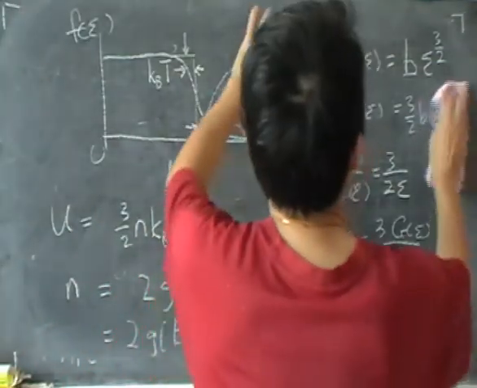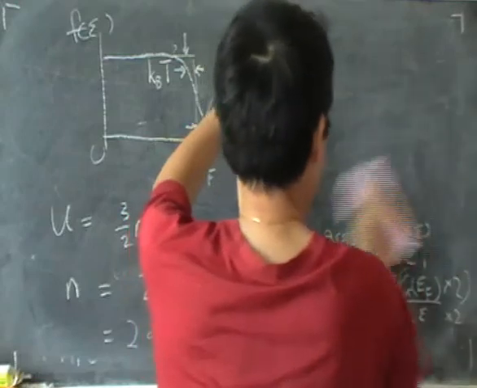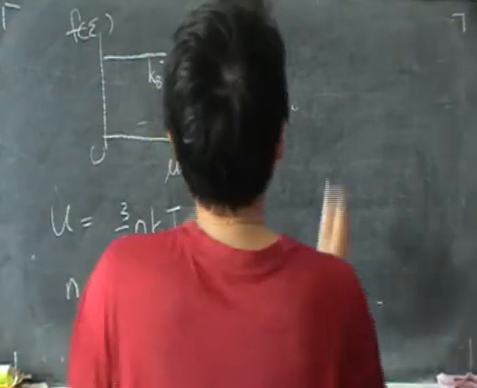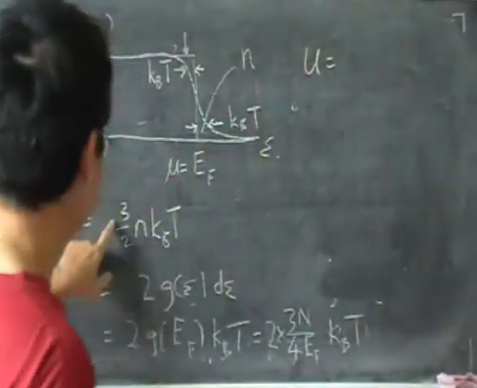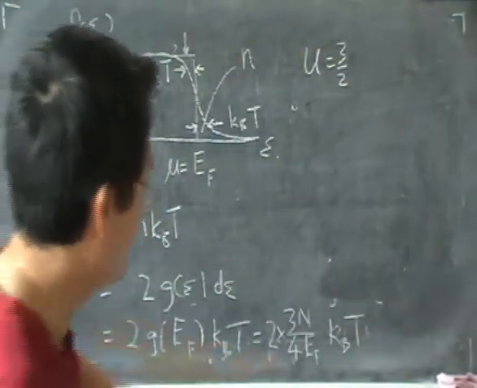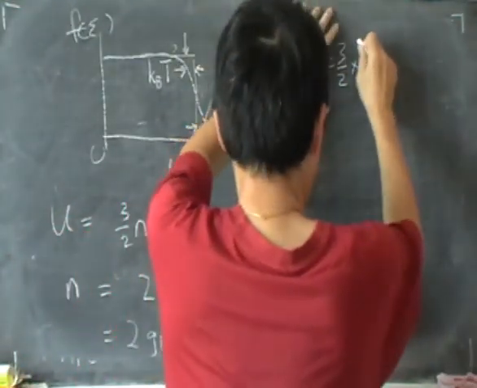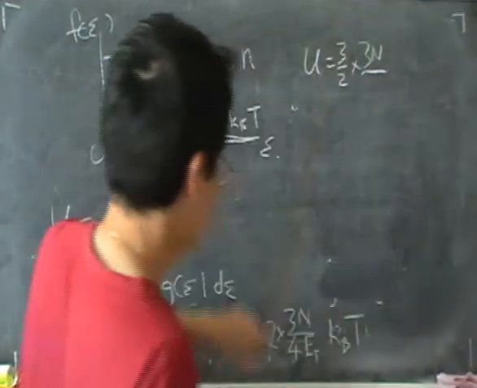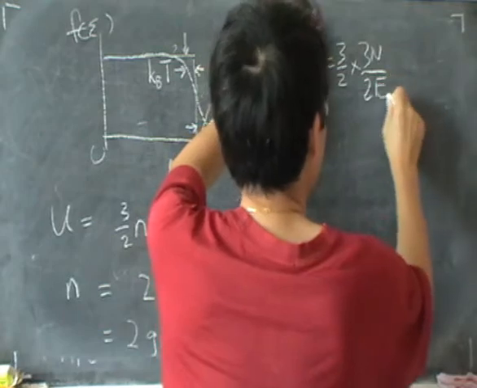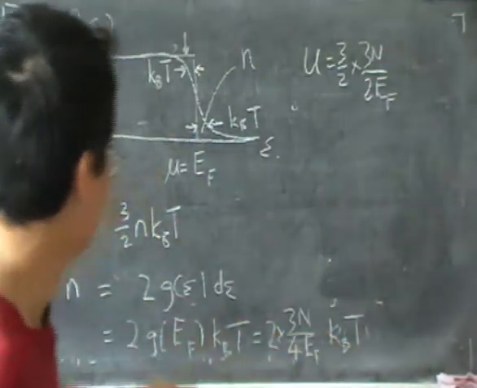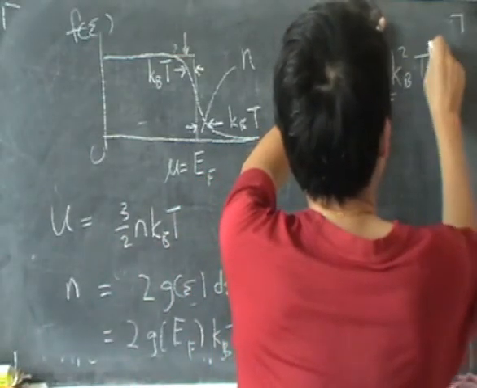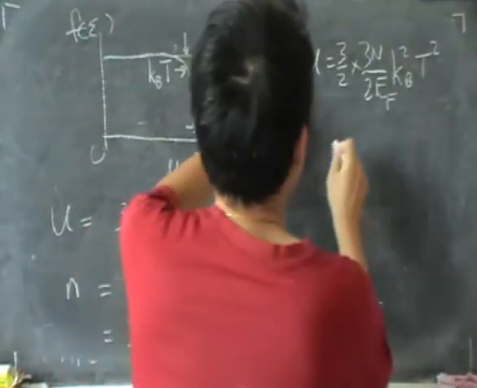Now we can put the whole lot together. So U then is equal to 3 over 2, and we have n given by this, which is 3n over 2 and 4 gives 2 at the bottom, EF, times KBT here and the KBT there. So KB squared, T squared. Now we have this expression.